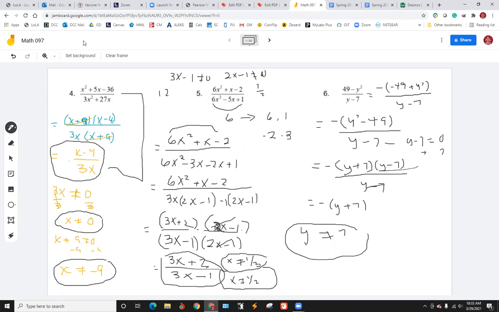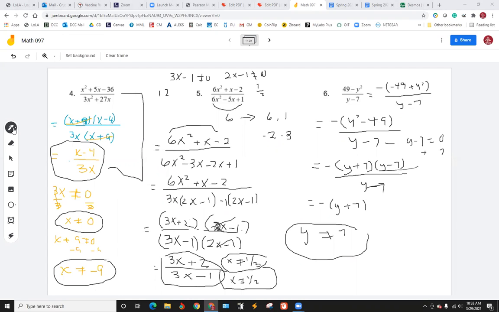number 6. Slightly different, and it's different than any of these other ones. Now, you can fix this a couple of different ways, but you'll notice up here that the y doesn't come first. It's got 49 minus y squared.